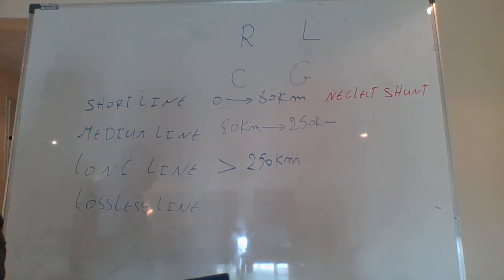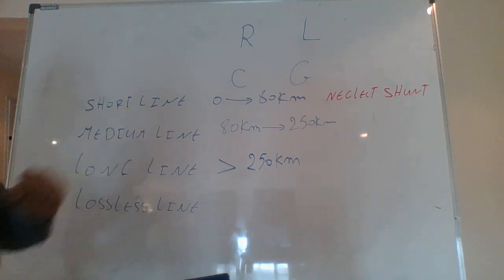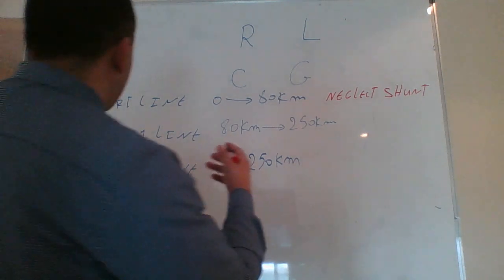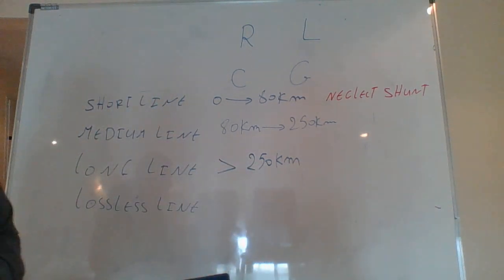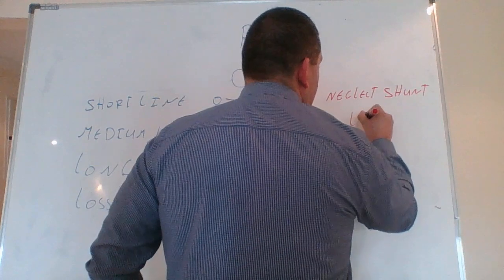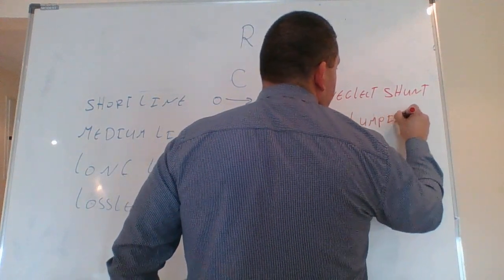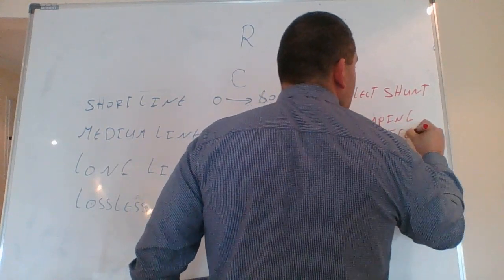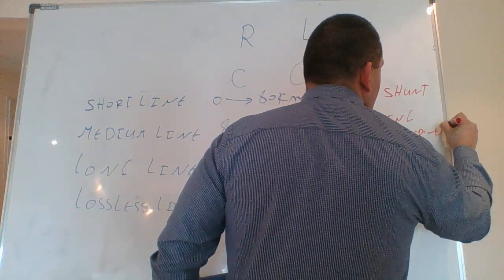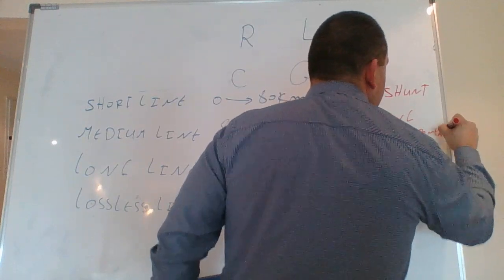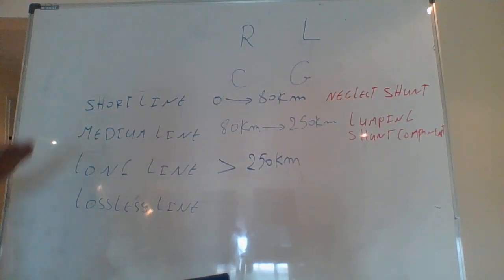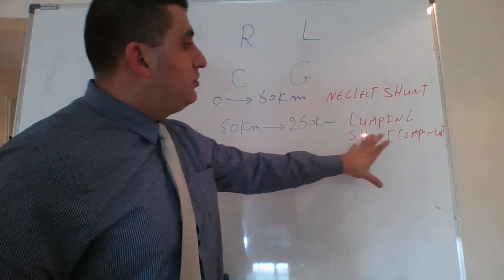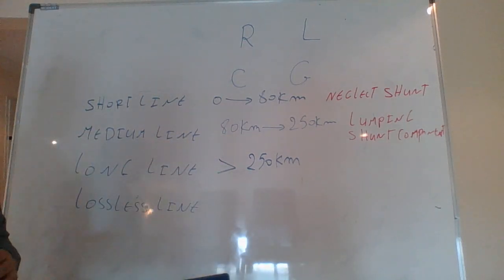Under a medium line, we will have an approximation so we can have lumping. So this will allow lumping the shunt component. Under medium line, we will lump the shunt component of a transmission line.